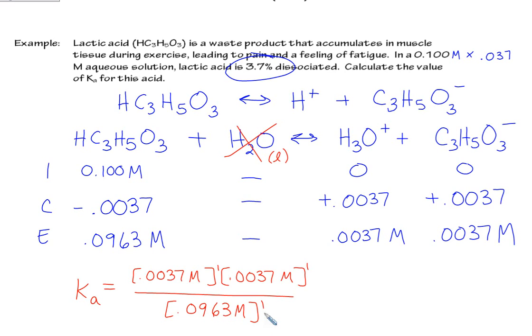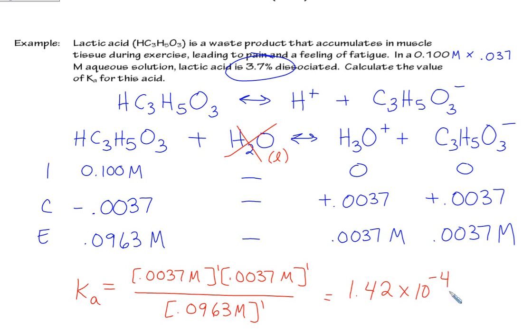Not bad, huh? So we can plug this in our calculator: 0.0037 times 0.0037 divided by 0.0963. With sig figs, let's leave about 3. How about 1.42 times 10 to the negative 4th? That's all there is to it.